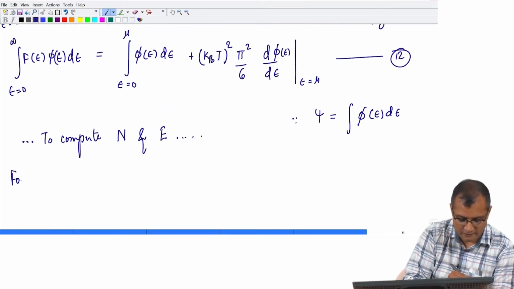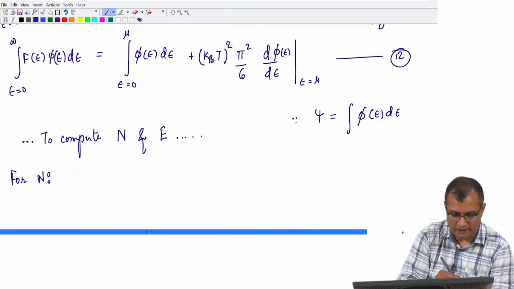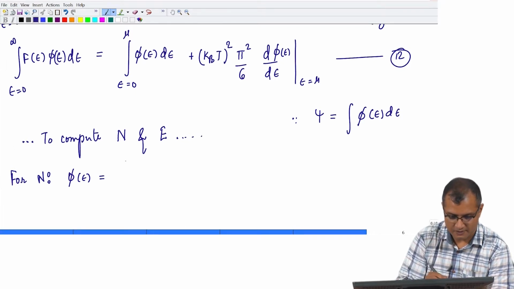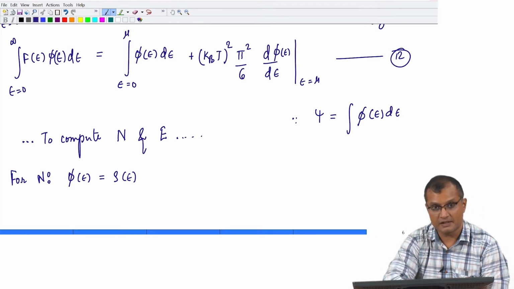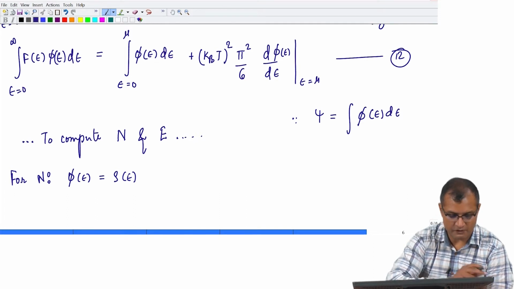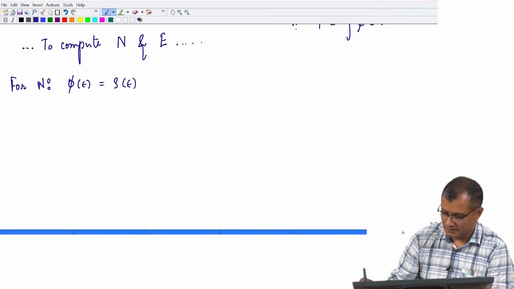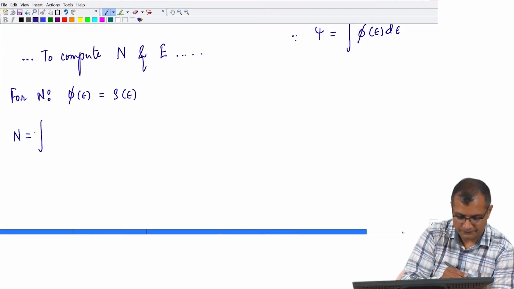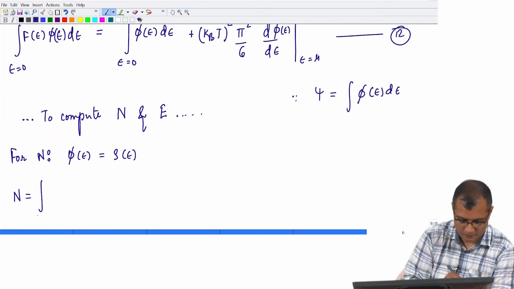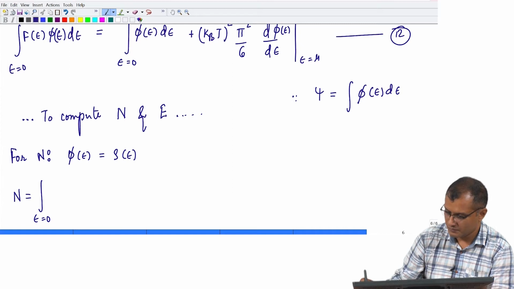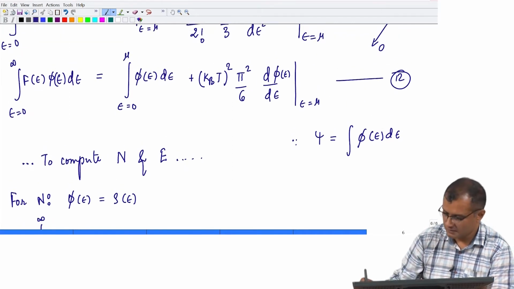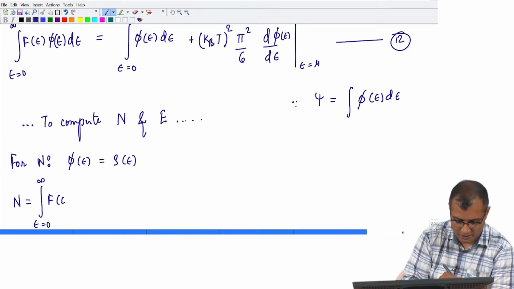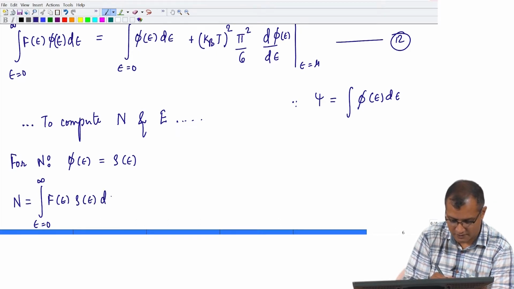So, for n I have to take my function phi of e as just the density of states, because if you see the left hand side, n would be nothing but integral E going from 0 to infinity f of E into density of states dE.